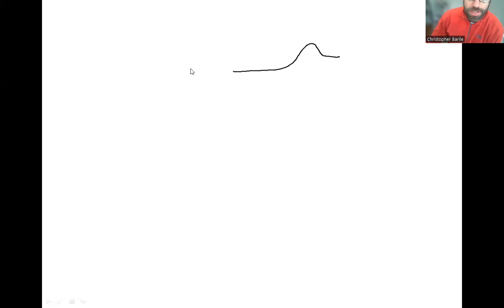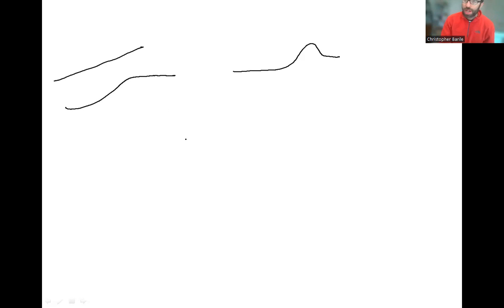All right, in this video, we're going to talk about qualitatively why a CV, a cyclic voltammogram, has a peak shape. Why does it have this peak shape instead of being just a constant line going up, or it reaches a plateau and then it's flattened off?